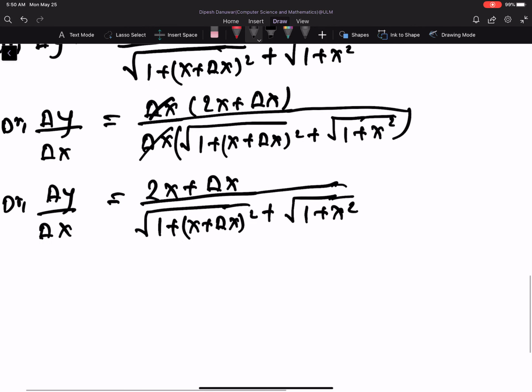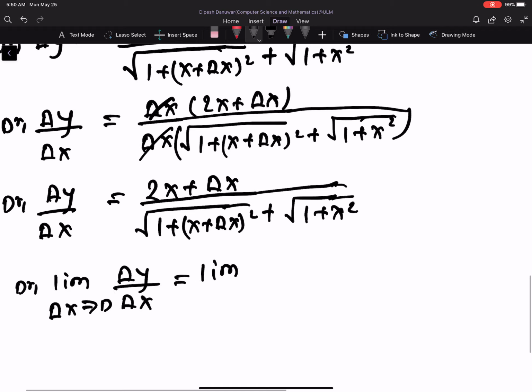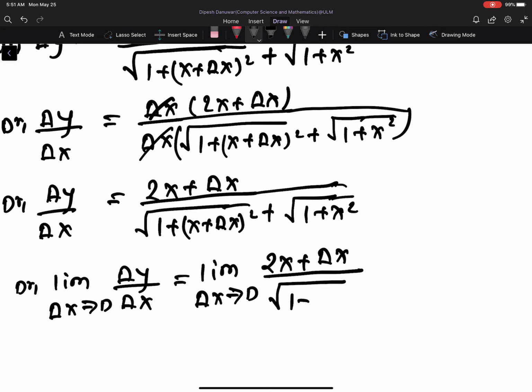So now, limit delta x tends to 0 of delta y by delta x is equal to limit delta x tends to 0 of (2x plus delta x) by root under 1 plus (x plus delta x) whole square plus root under 1 plus x square, right?